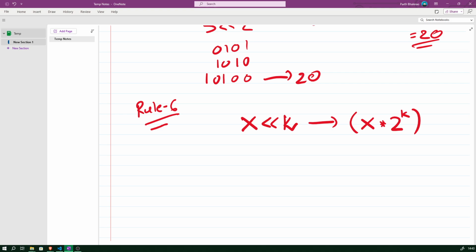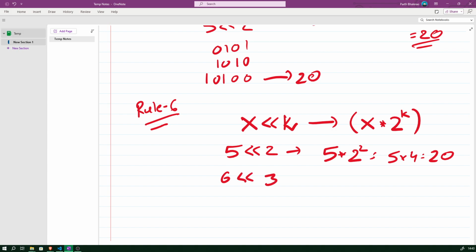So if someone asks you 5 left shift 2, it would become 5 into 2 to the power of 2. So 5 into 4 is equal to 20. Similarly, if someone asks you 6 left shift 3, it becomes 6 into 2 to the power of 3. So 6 into 8, that is 48.